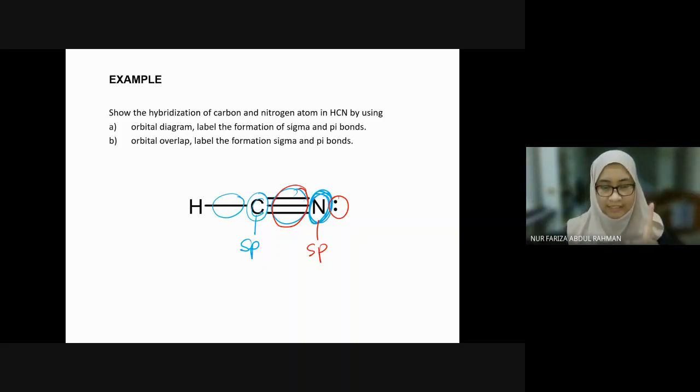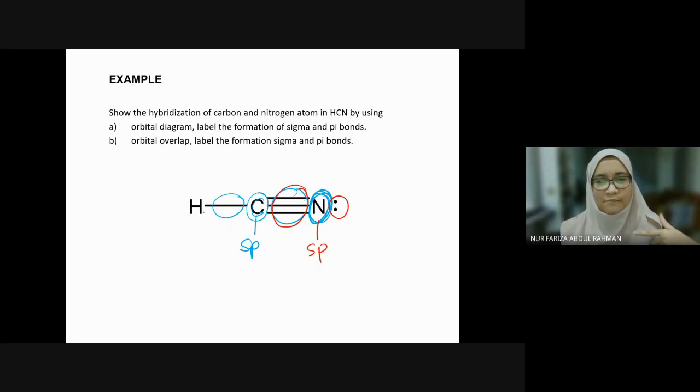But if the terminal atom is either doubly bonded or triply bonded with the central, that means that terminal will also form hybrid. How do you determine the type of hybridization? Same way, you determine the number of electron groups surrounding that particular terminal atom.